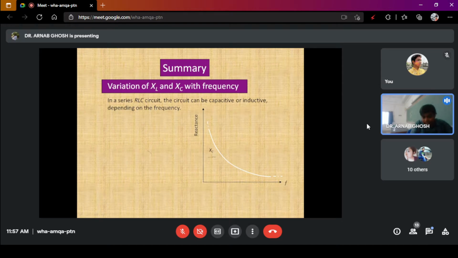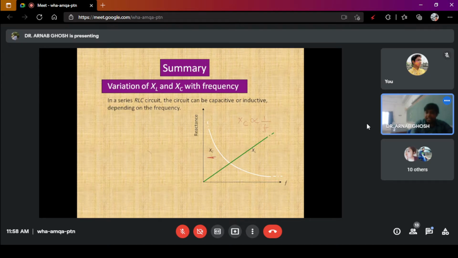So this is the curve. As I said, the capacitive reactance will vary with the frequency. The capacitive reactance decreases with increase in frequency. Xc is inversely proportional to 1 by F, and this is XL.